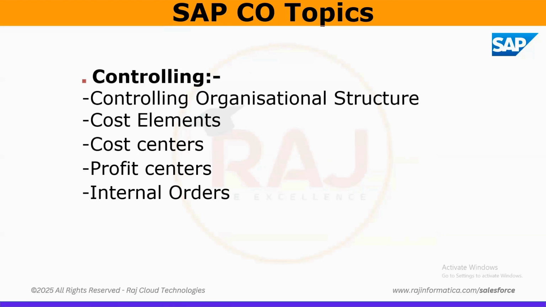So you might be aware of that we have in real time the degrees are also different. If you are doing CA, it is related to chartered accountant, which it actually deals with the finances of your company. And CWA, cost and work accountant, ICWA, that deals with the costing department of your company.